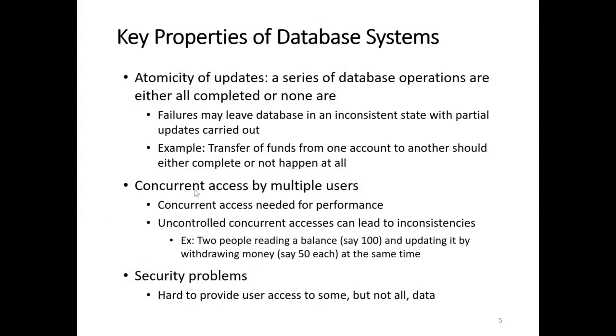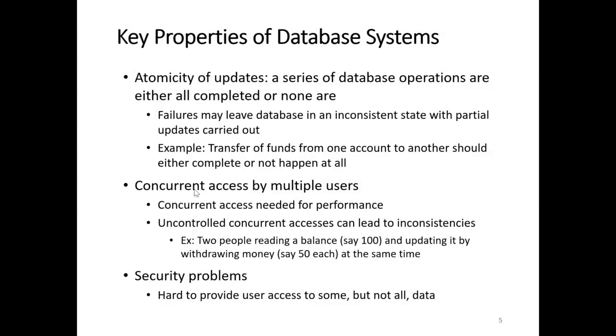Then the concurrent access. I think in the introduction, I did mention that concurrent access should be controlled, okay? Because we have multiple users, multiple applications, they may submit operations at the same time, and those operations might be interleaved during execution.